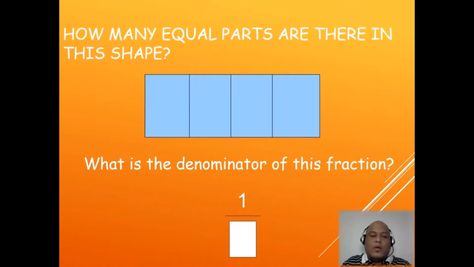How many equal parts are there in this shape? We have here a rectangle divided into 4 equal parts. So what is the denominator of this fraction? 4. The denominator of this fraction is 4.